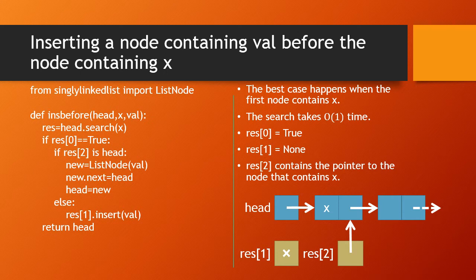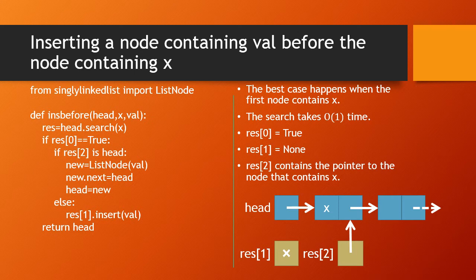Res 2 is head means both are the same addresses or both are the same pointers. This condition is going to be true every time res 2 and head point to the same node. If you look at the figure, you will see that indeed res 2 and head point to the same node. So we will move into the body of the second if.